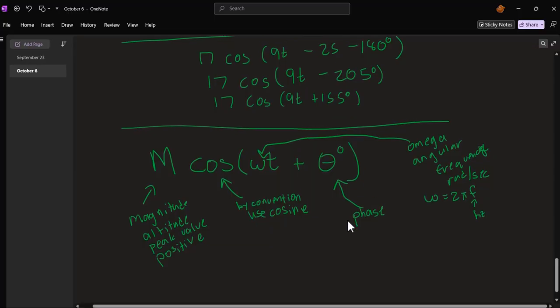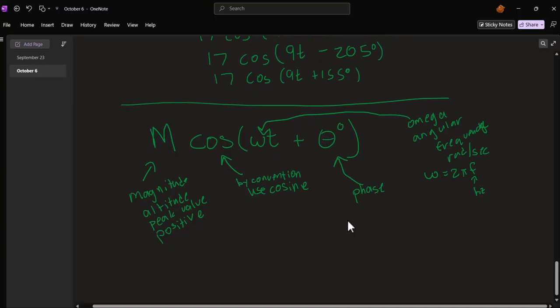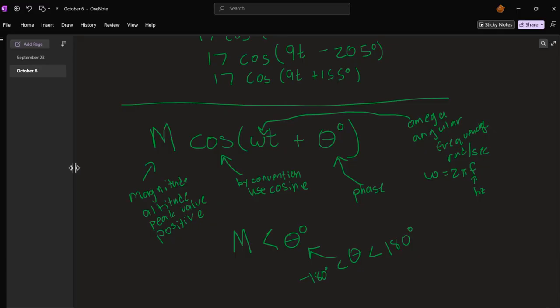And when we write this as a phasor, so that we don't have to deal with the complexity of sines and cosines, we write it as M angle theta degrees, and by convention we have theta between positive and negative 180 degrees, and if it's not, you just add or subtract 360 to get it there.